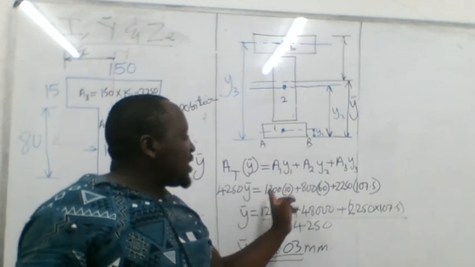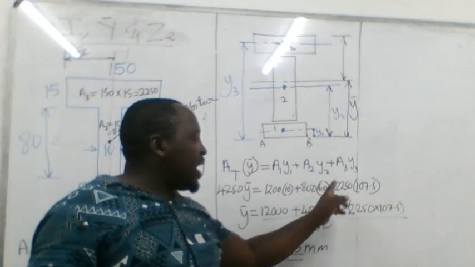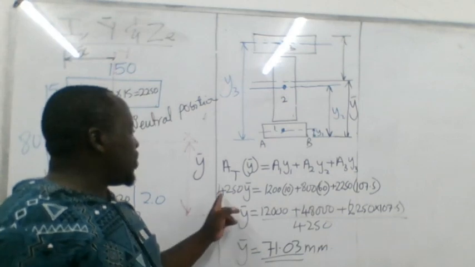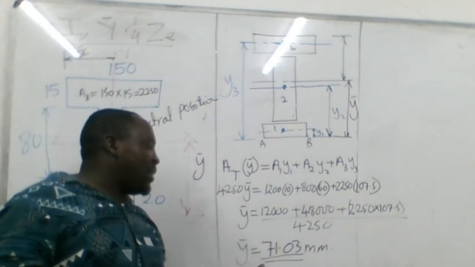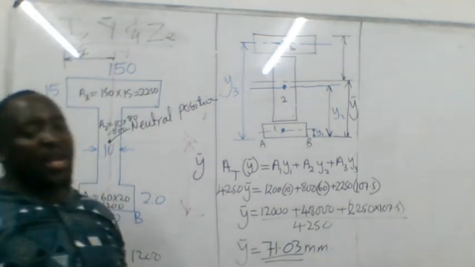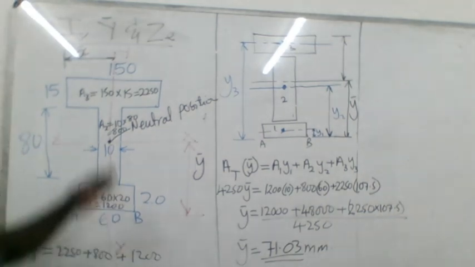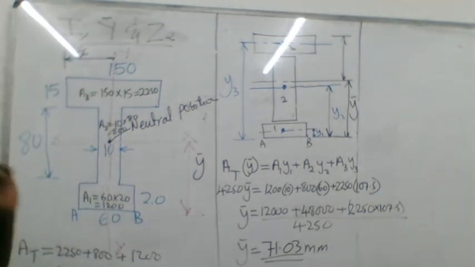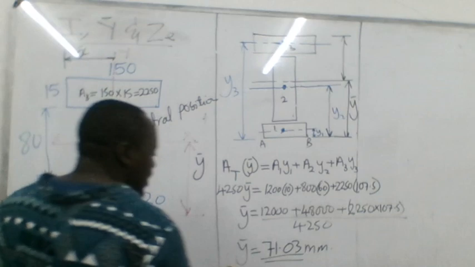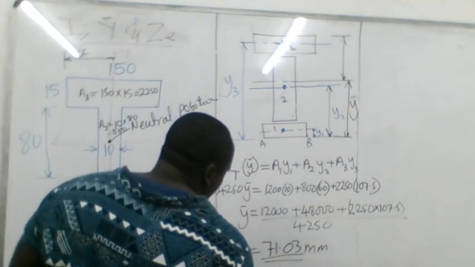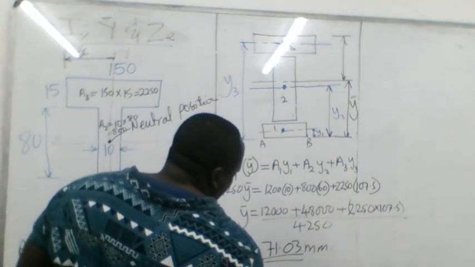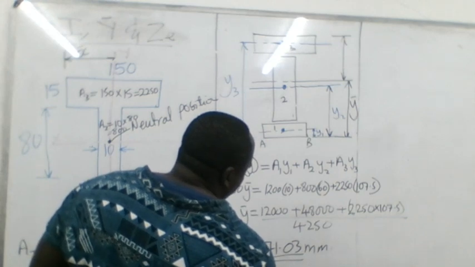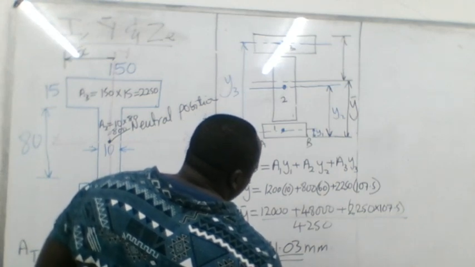So when you add these areas, they must be divided by that number to get y bar, and y bar is 71.03 millimeters. So this is how you solve the centroid. This is what we call centroid: x bar, y bar.